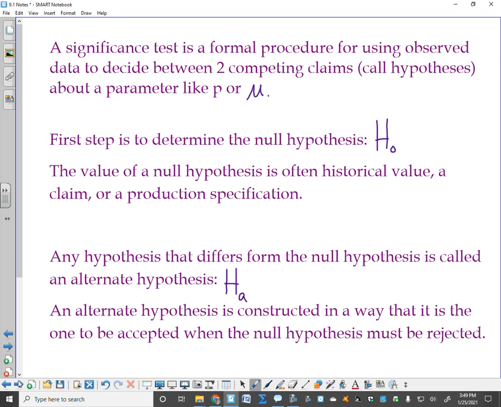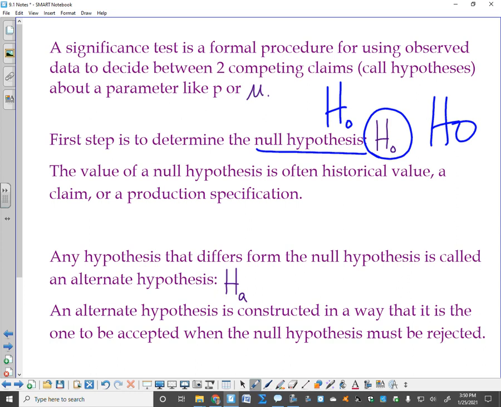You need to be very comfortable with a null hypothesis. Those are the words. This is the symbol. It's not "ho." It's H sub 0. So little bitty o. Okay.